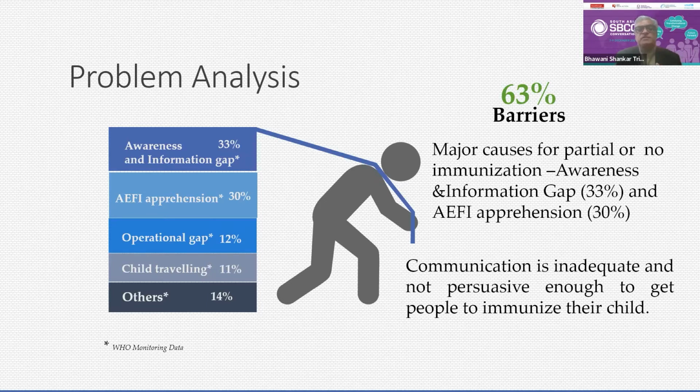And we realize that according to the Family Health Survey, the full immunization coverage is around 62%. 2.5 crore children, close to 25 million children, are born in this country every year. But when you say 62% get immunized, it means that close to 9 million children remain unvaccinated or partially vaccinated.